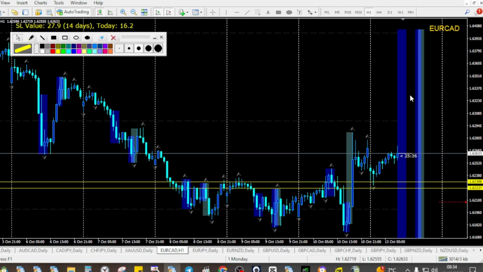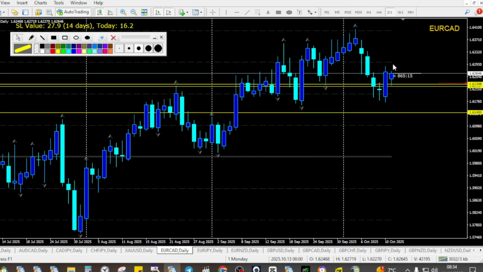It did touch it during the Asian session, but it's Asian session, so I will wait for a London session touch here or a New York session touch here to see what will happen. So I'm not gonna enter the trade right now. And it's not the best of probability because the trend is not really clean. So just taking a trade because it's an engulfing might not be a good idea.